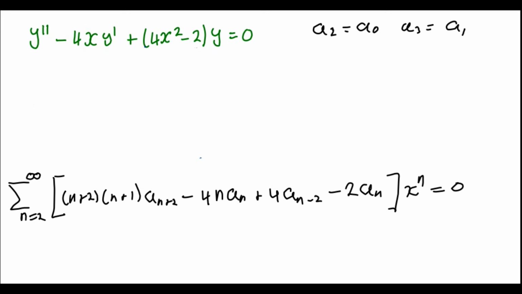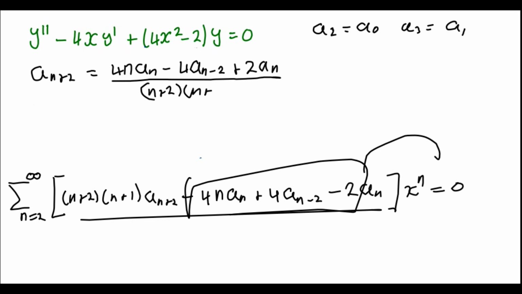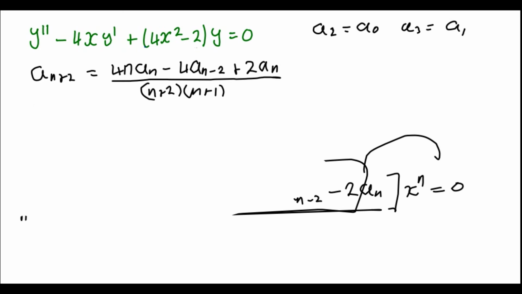So if you make this one the subject of the formula, a sub n plus 2 is equal to, and everything here goes on the other side of the equal sign, so plus 4n a sub n minus 4 a sub n minus 2, plus 2 a sub n, divided by n plus 2 multiplied by n plus 1.